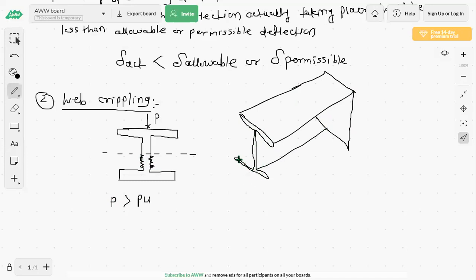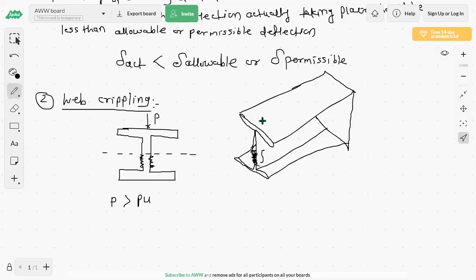So in this case what happened, this web, are you getting? So this is the vertical web. So this web is crippled like this, or this will bend like this. So this is your web crippling.